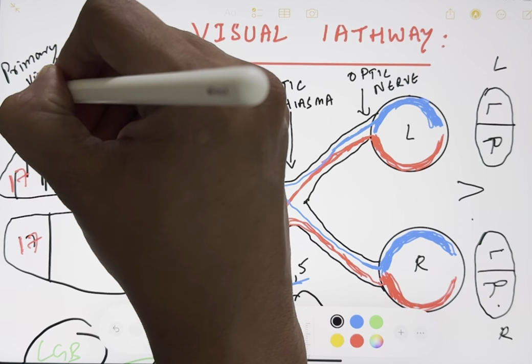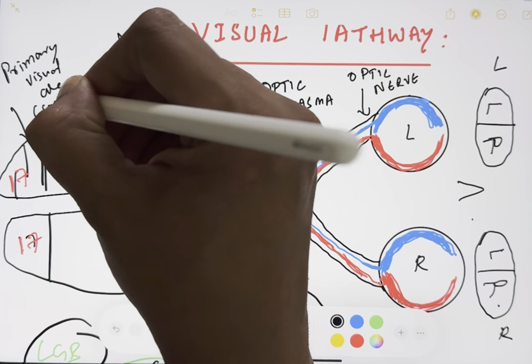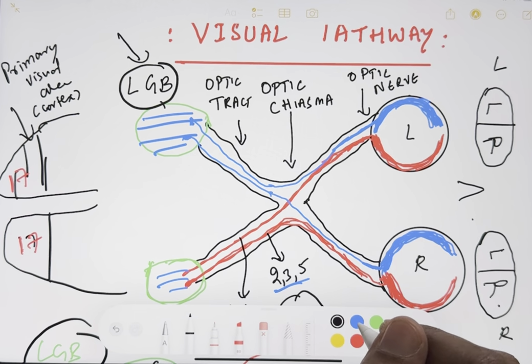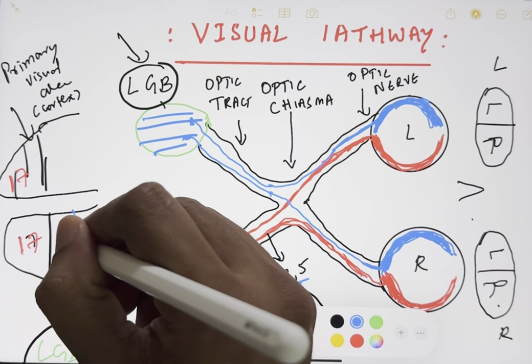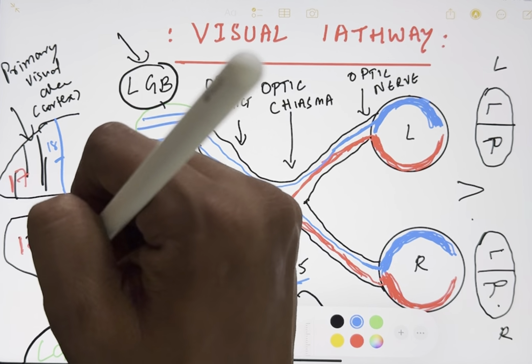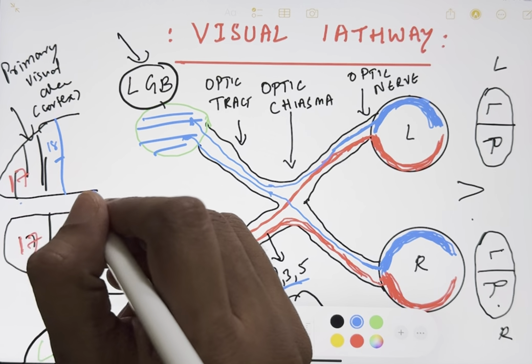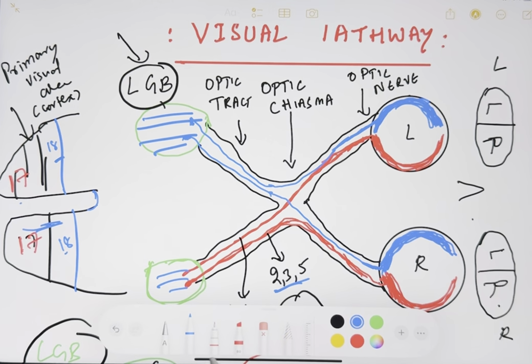There is also area number 18, known as the secondary visual area in the occipital lobe. It lies in the calcarine fissure, on the medial side of the occipital lobe.